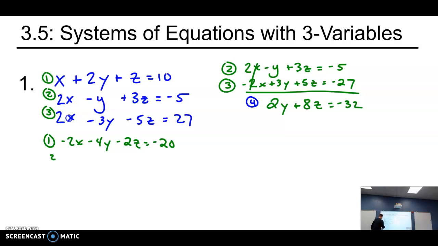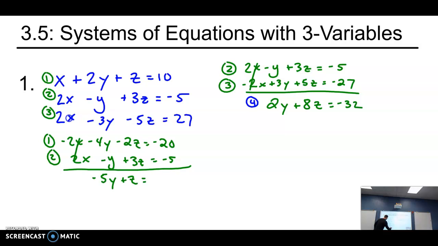And I'm just going to use equation 2. You could use equation 3 if you want. So these will go away again. -5y plus z equals -25. And this becomes my equation 5.